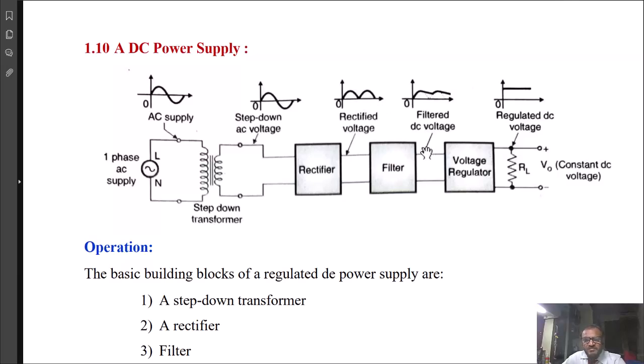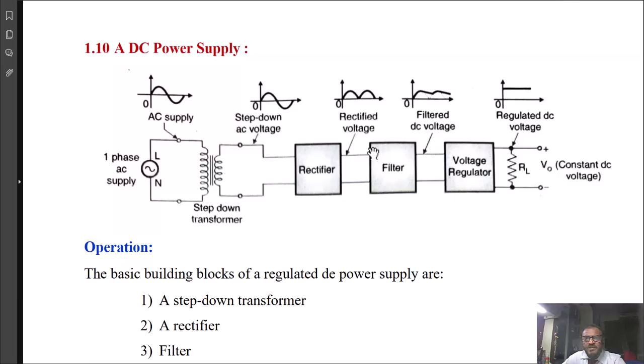That can be done by using the additional block called filter. Filter is basically a low pass type of filter. The most popular low pass filter used here is a capacitor input filter or L section filter.